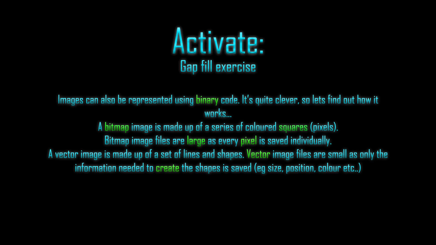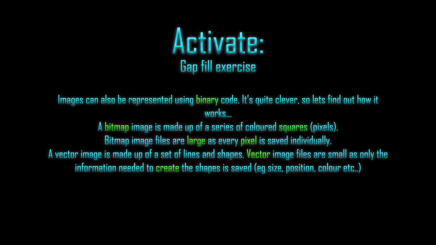Okay, let's go through the answers. Images can also be represented using binary code. It's quite clever, so let's find out how it works. A bitmap image is made up of a series of coloured squares, or pixels. Bitmap image files are large, as every pixel is saved individually.